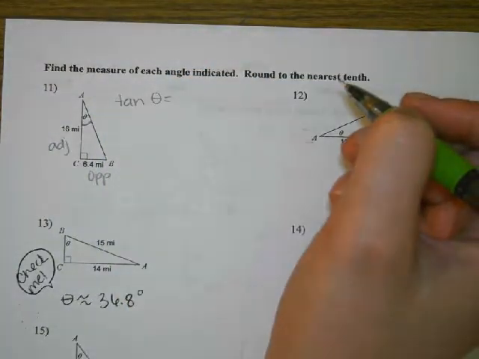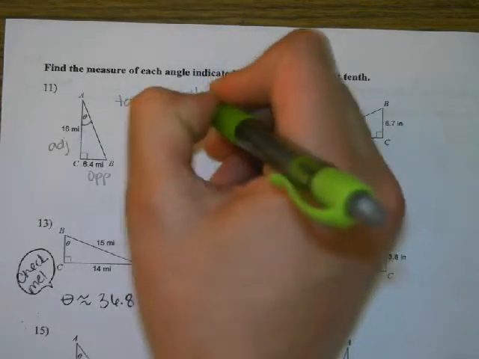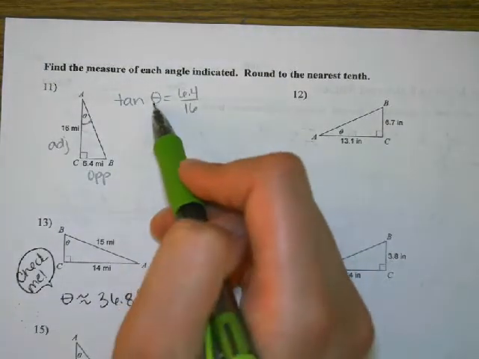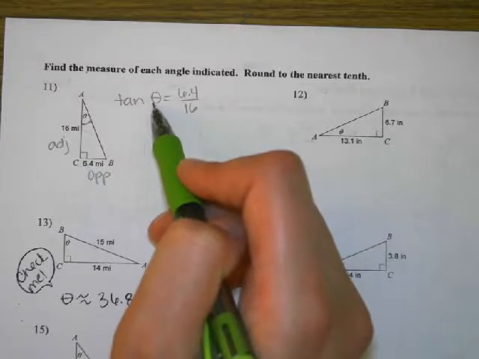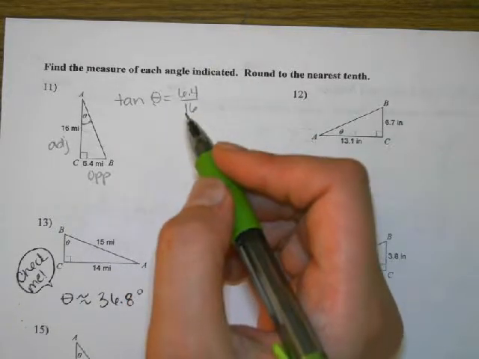You can't say 0 because it's not 0. 6.4 over 16. And theta is our variable that we're solving for, so we have to get rid of tan. How do you get rid of tan? Tan with the little negative 1, it's called tan inverse.